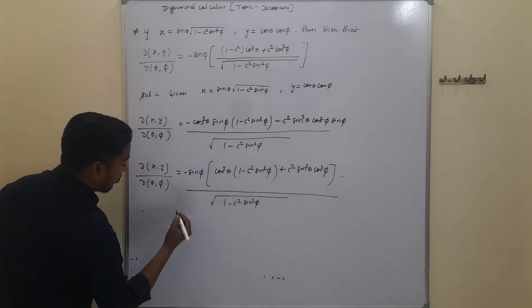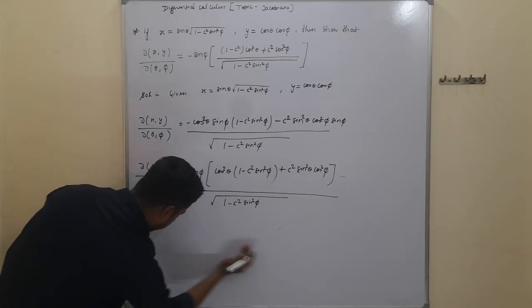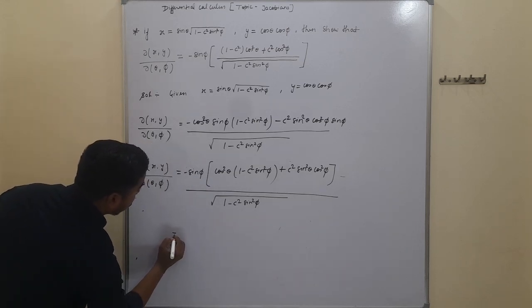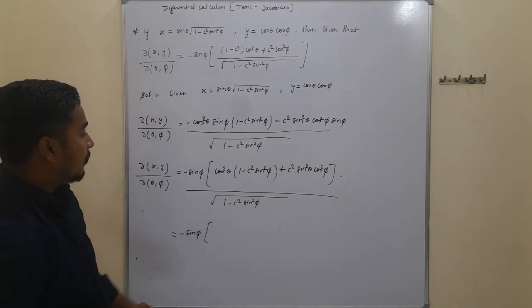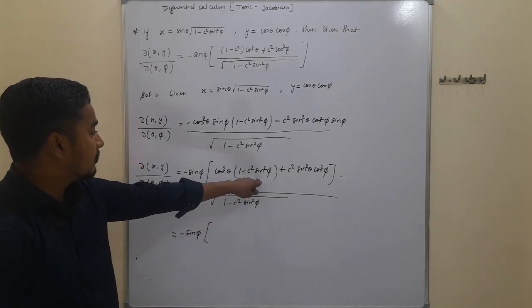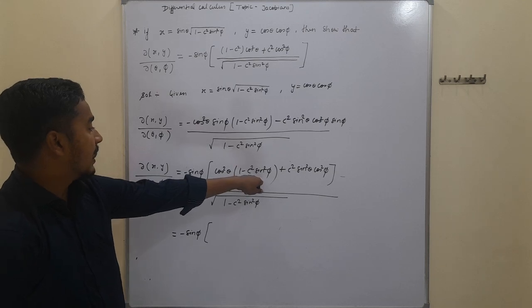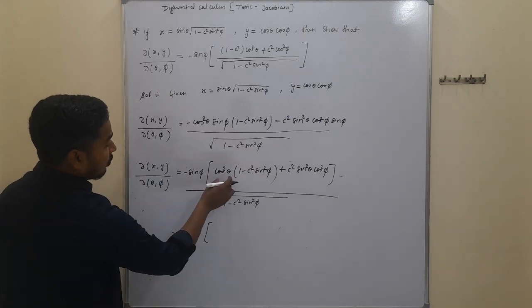We can also simplify. This is written as minus sin phi in the bracket. We can also write these terms sin square phi. First we have to multiply.